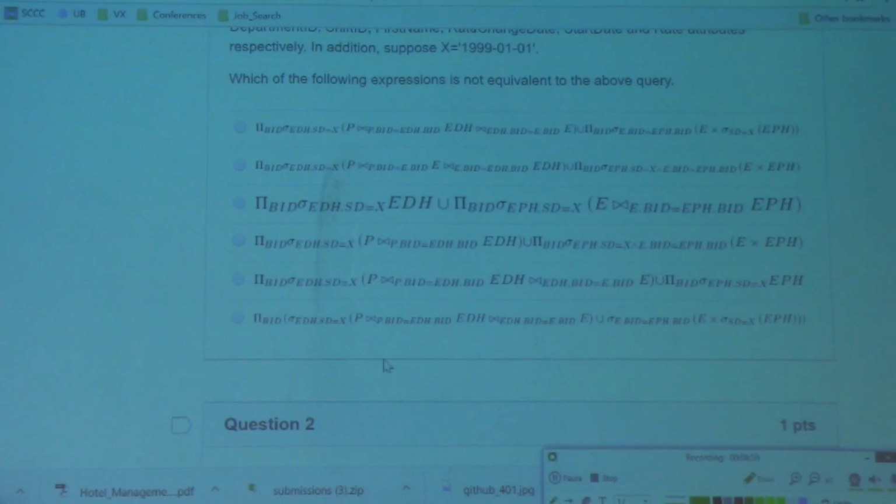There's a point over here. So what's wrong with the last one? Any answer?